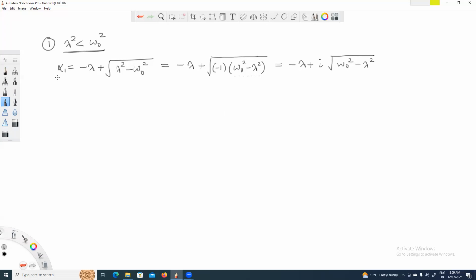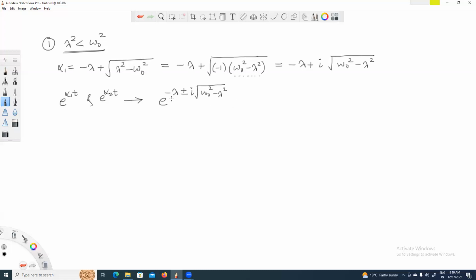Remember, in our solution, we have terms like e raised to alpha 1 t and e raised to alpha 2 t. So these terms lead to e raised to minus lambda, and this would be either plus or minus i times this square root of omega naught square minus lambda square.